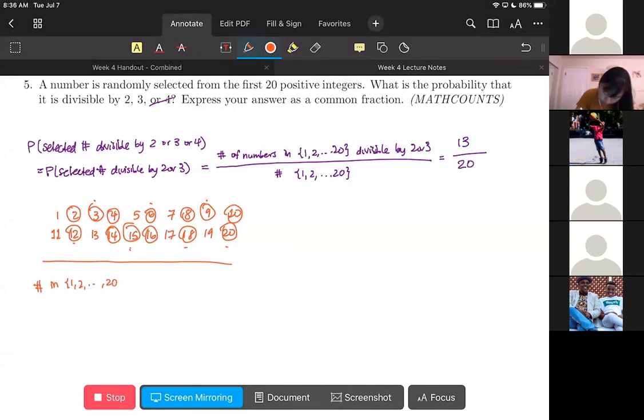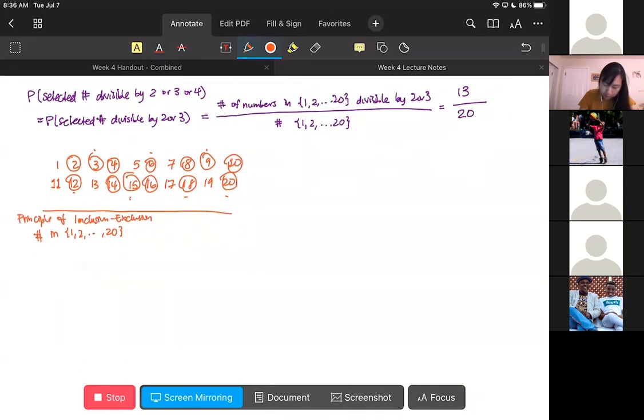Yeah. So if you remember, I think 2 weeks ago we talked about the principle of inclusion-exclusion. And basically the idea is if you have some set of numbers divisible by 2, and numbers divisible by 3, and then their intersection is numbers divisible by 2 and 3, which is by 6.